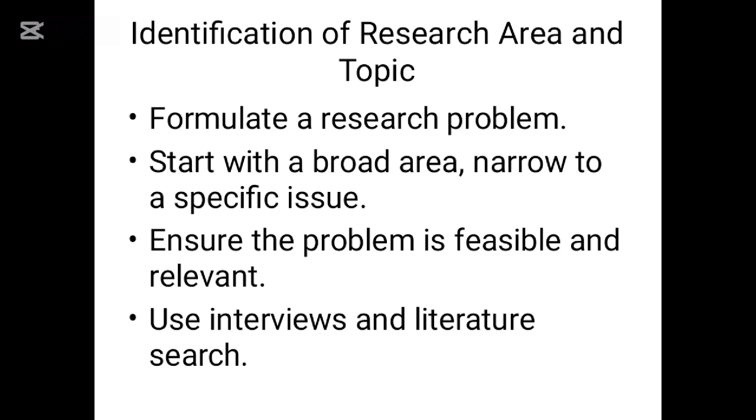Now, such an area should be related to the professional interests and goals of the researcher. Then the second step is to identify a specific problem within it that will form the basis of the research study.